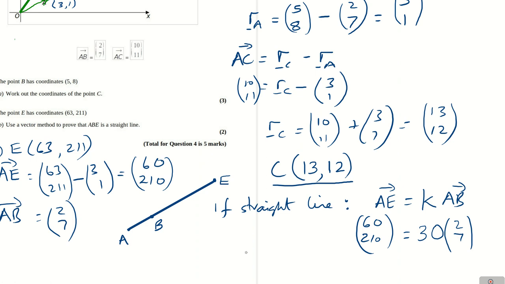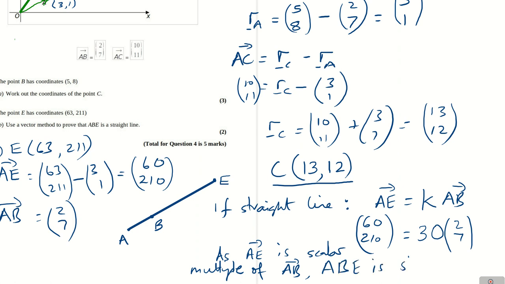Therefore, ABE is a straight line. So as AE is a scalar multiple of AB, ABE is a straight line, and we've proved it.